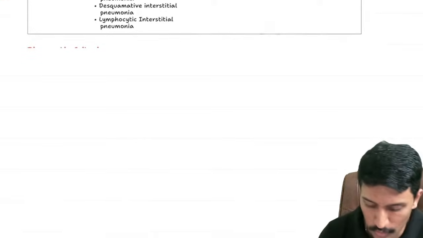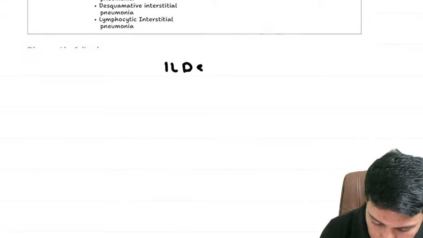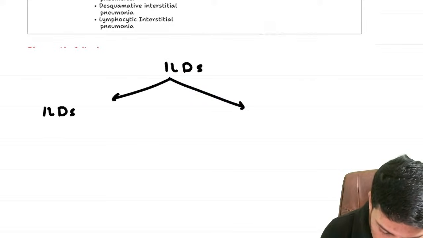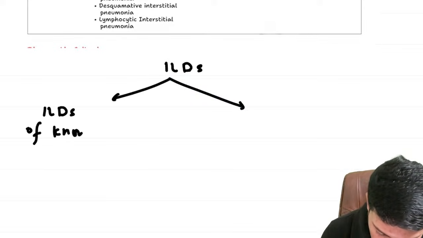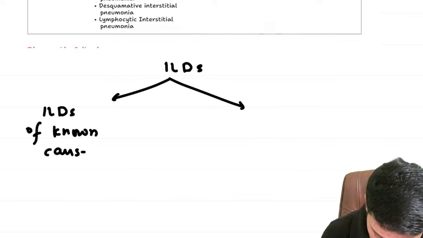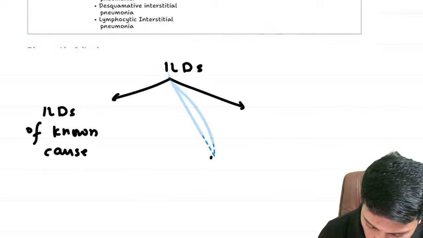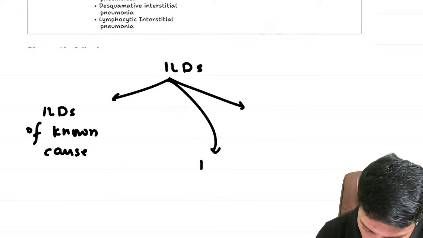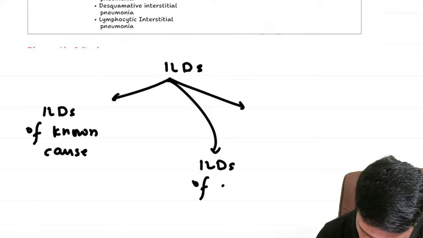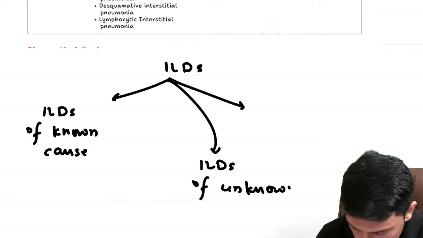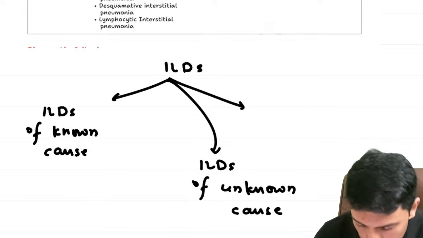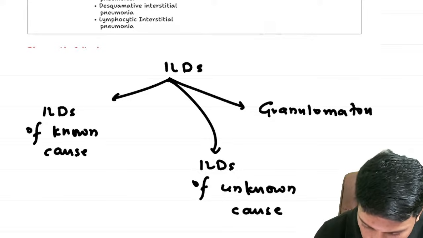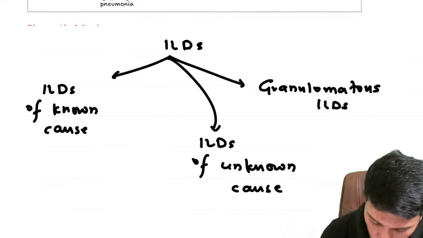So I will give you a flowchart to write. If you have ILDs, the first thing is you can classify them as ILDs of known cause. Second one is ILDs of unknown cause, where the cause is not known. And then granulomatous ILDs, where you have a granulomatous inflammation.